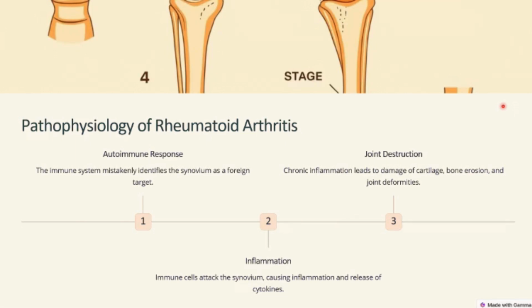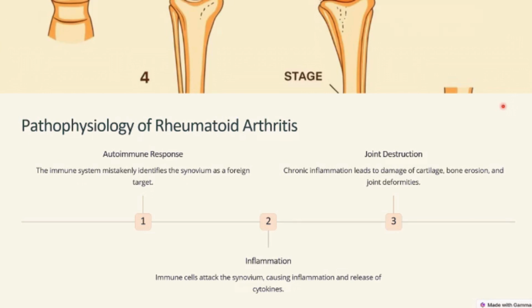These cytokines, tumor necrosis factor alpha (TNF alpha), interleukin 1 and interleukin 6, lead to inflammation of the synovium. This inflamed synovium eventually thickens, forming what's known as a pannus, which is an abnormal layer of tissue.